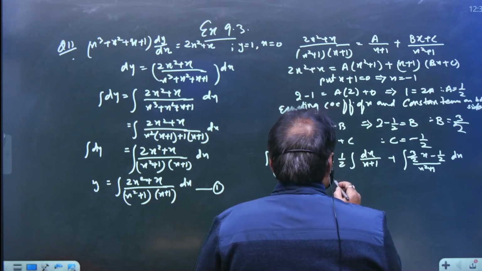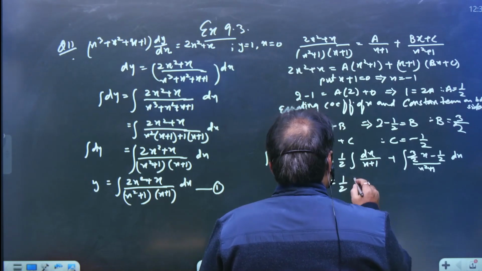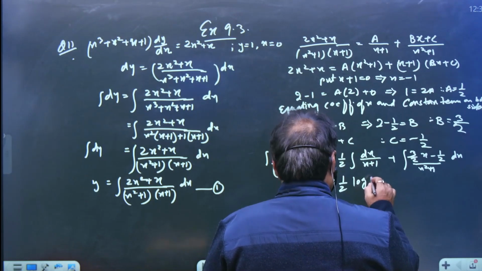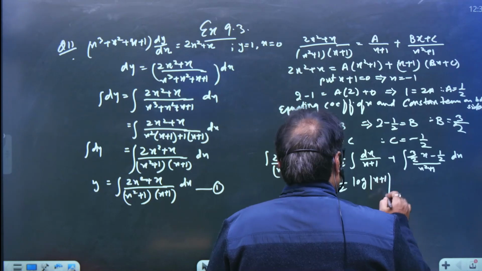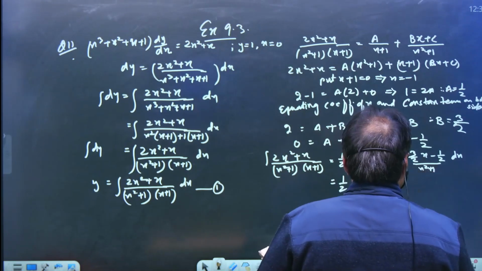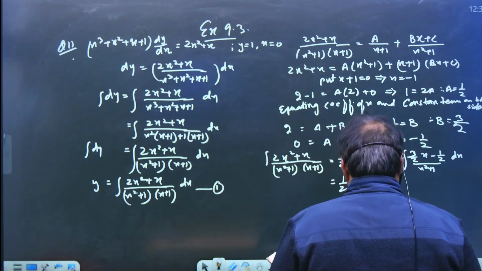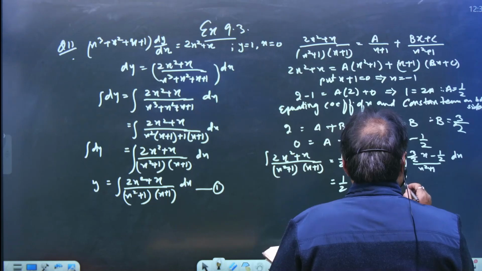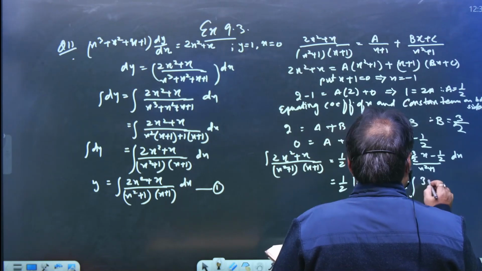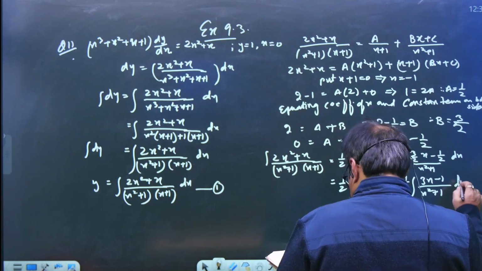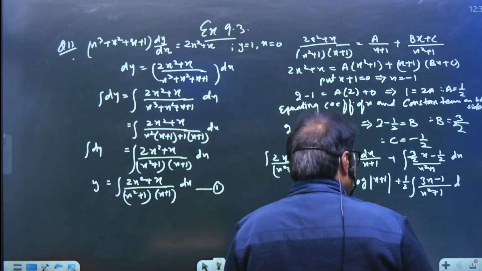So this equals 1/2 log(x + 1), and taking 2 as the LCM, plus 1/2 times the integration of (3x - 1)/(x² + 1) dx.